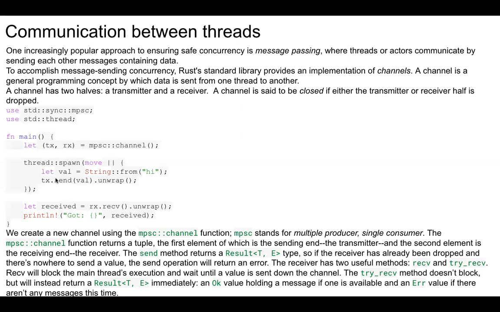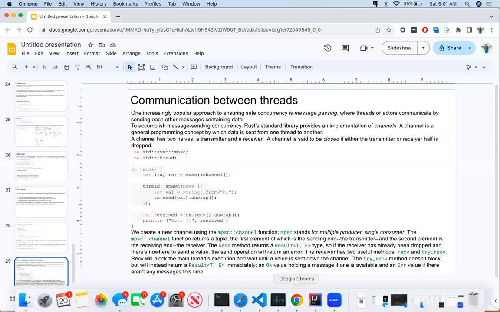In one thread, we move the ownership of the transmitter and send the message, which could be anything, and in the other thread, you receive the message. There are two ways, recv and try_recv. recv is a blocking call, try_recv is a non-blocking call. Let's see it in a practical demo.